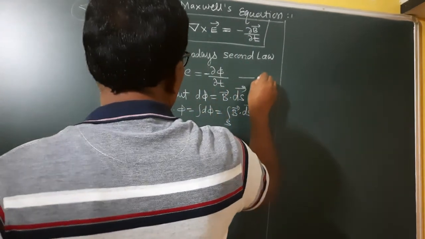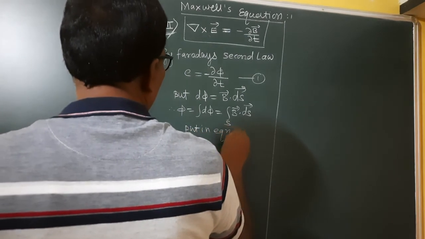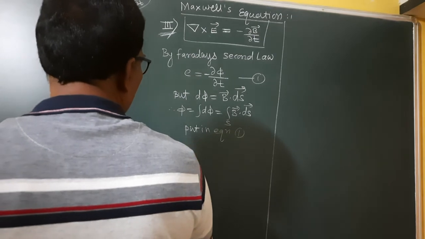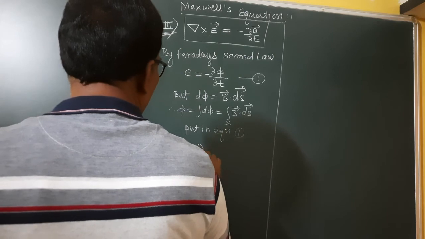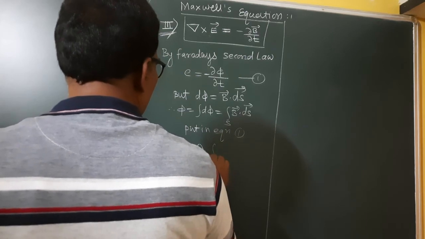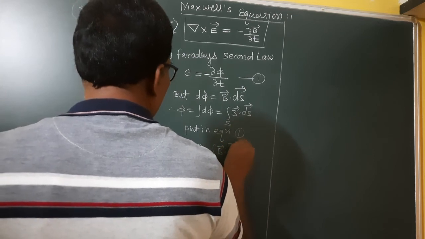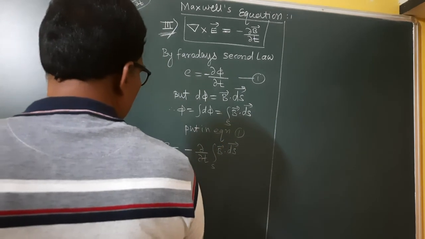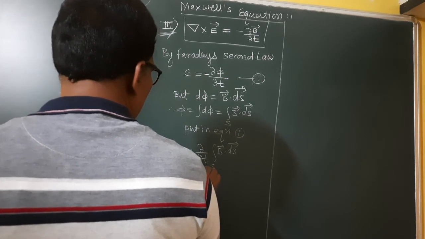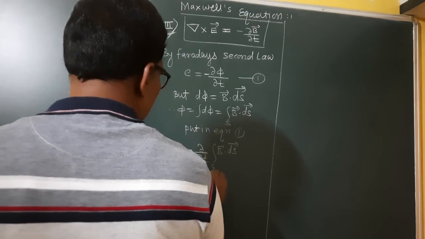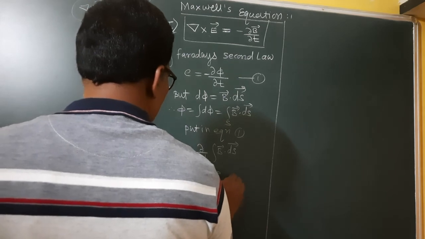Put this in equation number 1. In equation 1, we get E is equal to minus dou by dou t of the surface integration of B bar dot dS bar, and the dou by dou t is taken inside. So the negative sign is there, integration over the surface S of dou B bar by dou t dot dS bar.